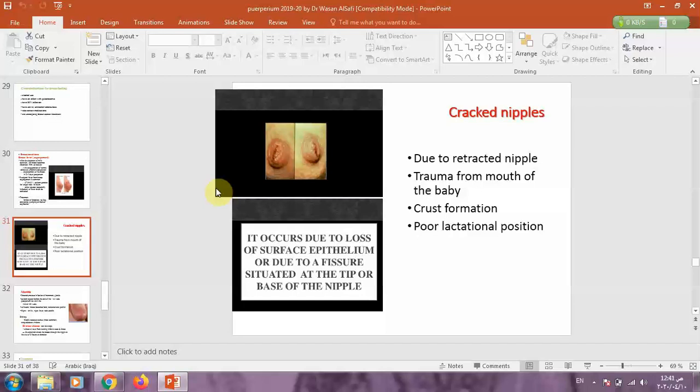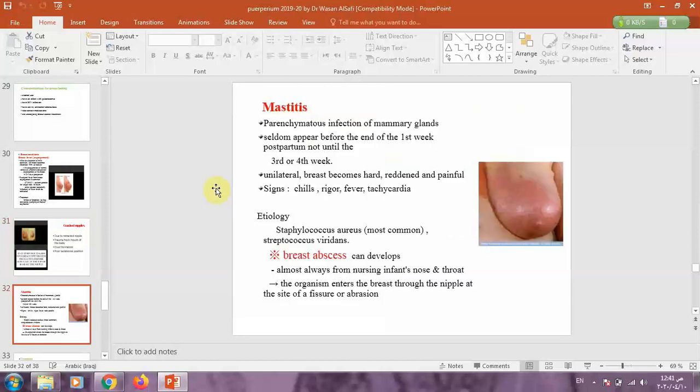It occurs due to loss of surface epithelium or due to fissures situated at the tip or the base of the nipples. Once we correct the position of lactation, that is to say putting the darkened area around the nipple inside the mouth, the suckling trauma from the mouth of the fetus will not affect the nipples, and with time it will be resolved.